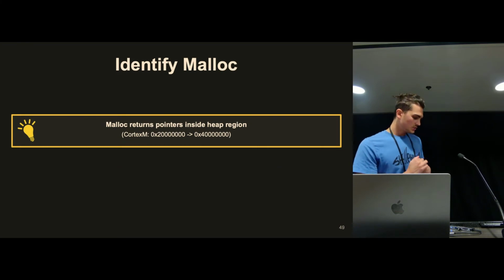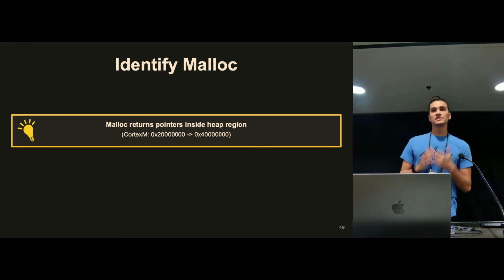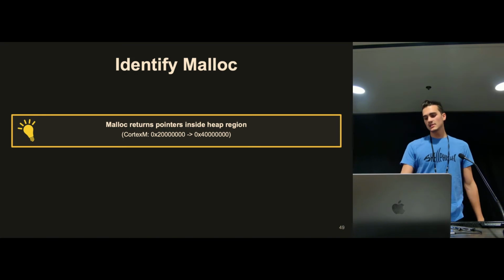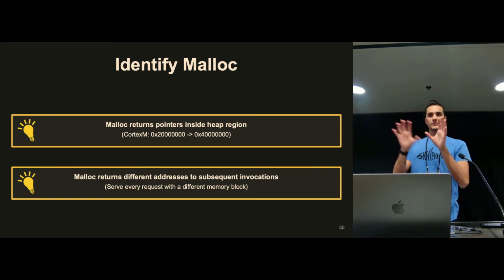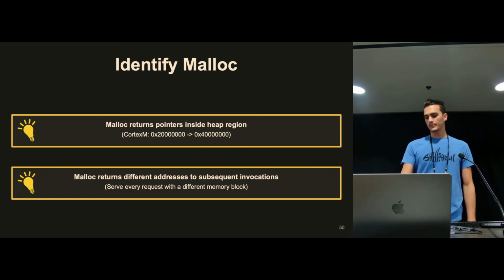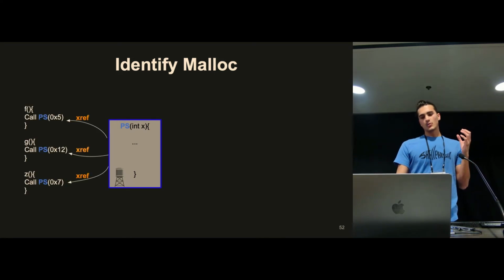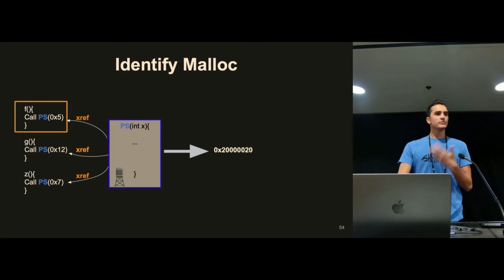The first intuition is that malloc returns pointers inside the heap region, and this is thankfully standardized in Cortex-M, so the heap region falls between these two addresses. And second, malloc returns different addresses to subsequent calls because we want to place different objects at different places in memory. That being said, we take a pointer source and we dereference it, so we get all the call sites, we get the argument at the call site, and we call the pointer source a bunch of times.